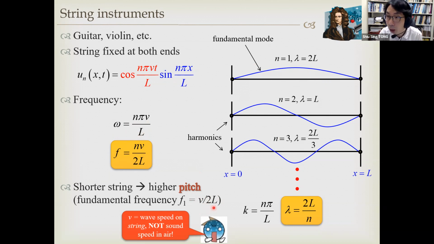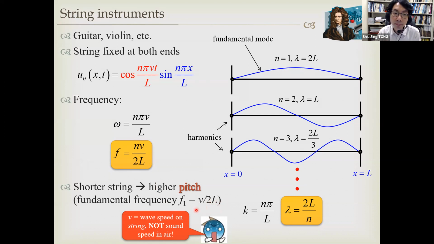All the higher frequency modes have frequencies which are integral multiples of the fundamental frequency. We have shown this in the video we have just seen. In order to form a higher frequency mode, you have to vibrate the string with a frequency equal to an integral multiple of the fundamental frequency v over 2L.